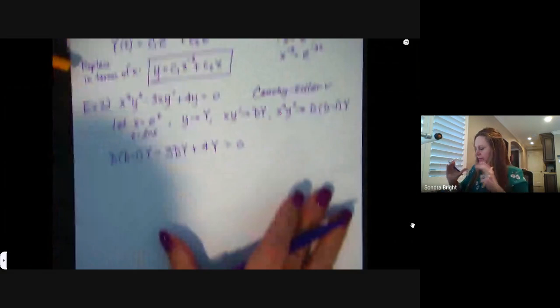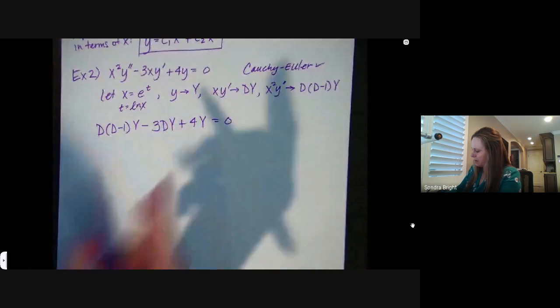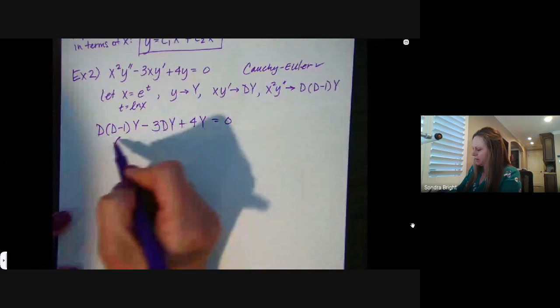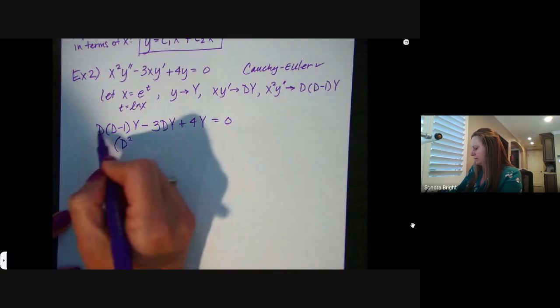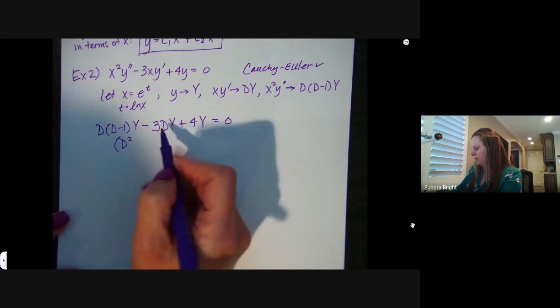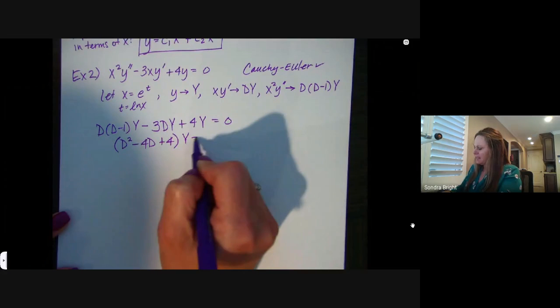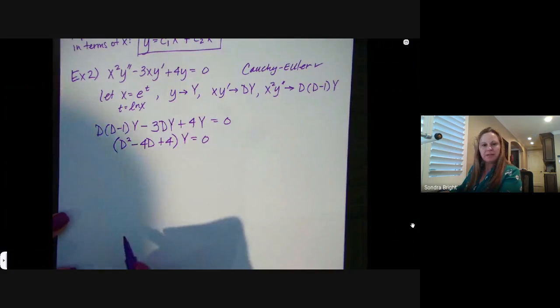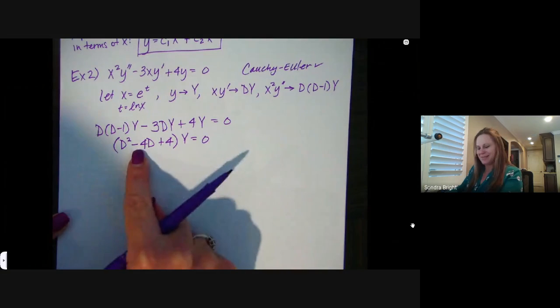All right, putting together this polynomial operator, it would be D squared, that would be a minus D, and then another minus 3D, so a minus 4D plus 4 operating on Y. Now, does that factor? Two numbers that multiply to 4 and add to negative 4? Yep, D minus 2 and D minus 2.